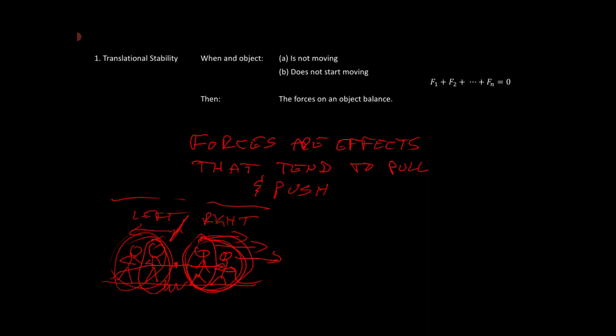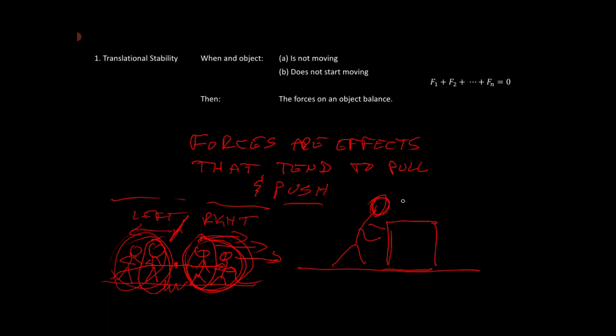And another way to look at that is if we look at a push instead of a pull, right? And do far too many silly things like this where we're pushing boxes or something. If you're pushing a box, but you're not strong enough to make it move, what's happening?